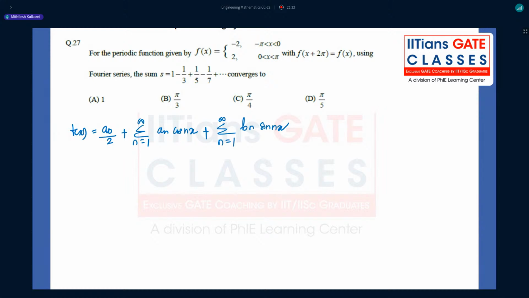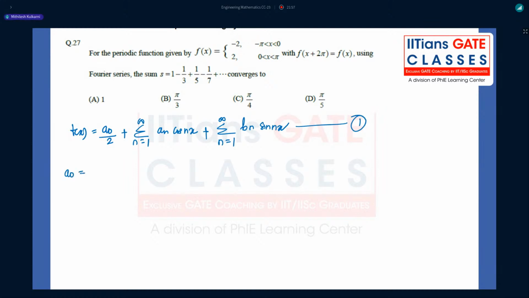Now we have to check what the values of a naught, a n, and b n are in this case. Starting with a naught. Once we calculate all these values, we have to put them in equation number 1. Let's start with the a naught value.